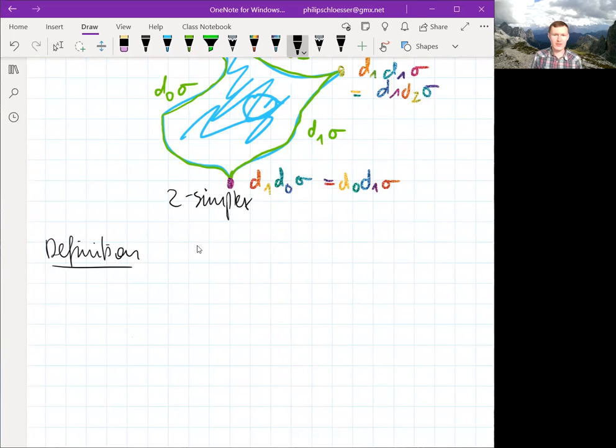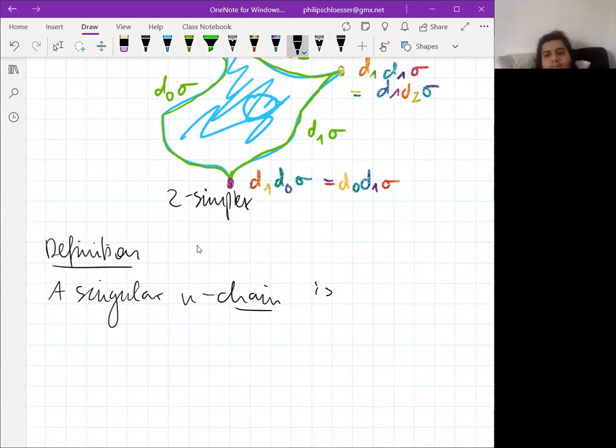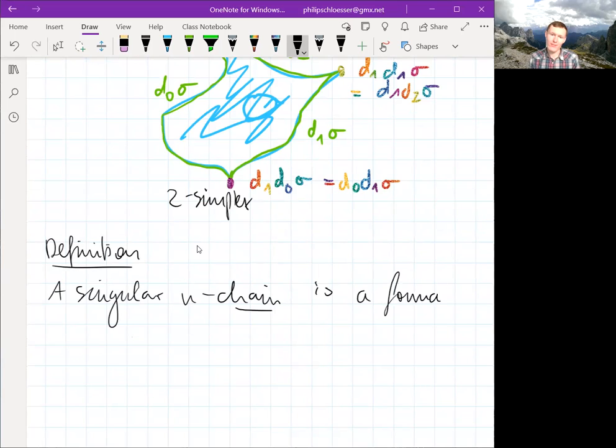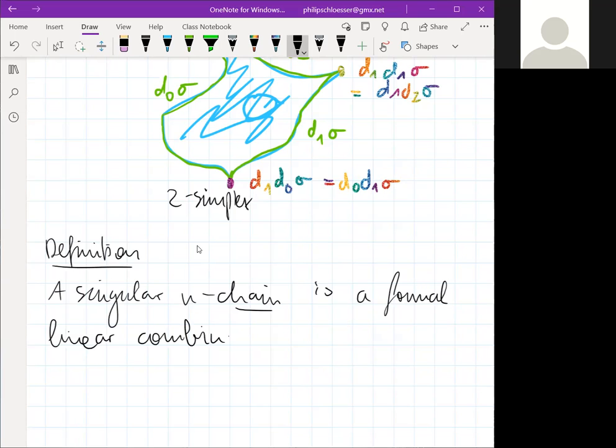So now we would really like to take linear combinations of our simplices. And so we define a singular n chain to be a formal linear combination of n simplices. We take this linear combination over Z, because in essence, we just need to add and subtract them, and that's it.